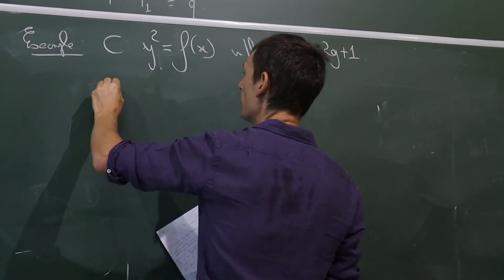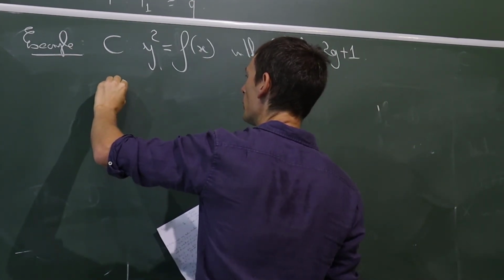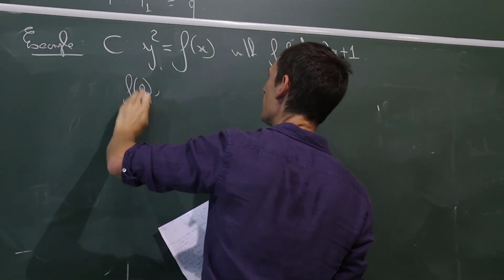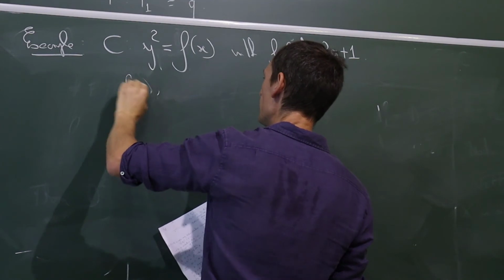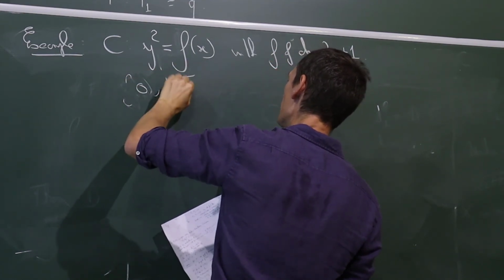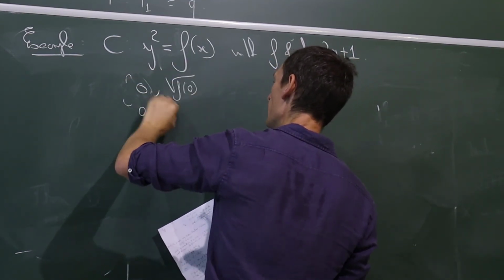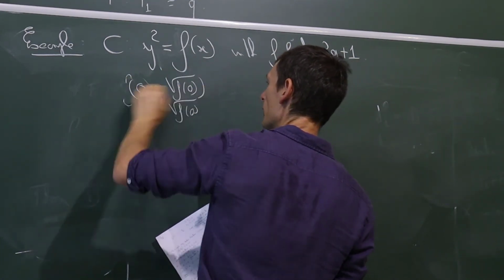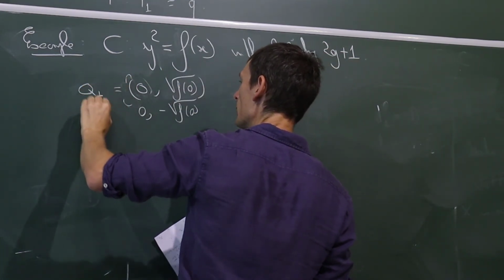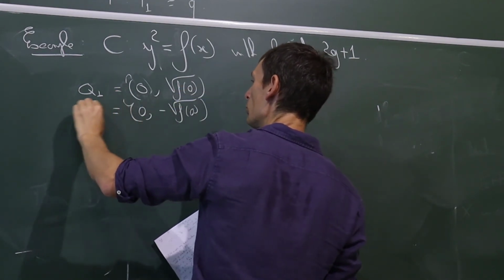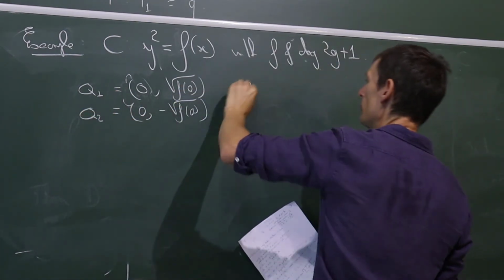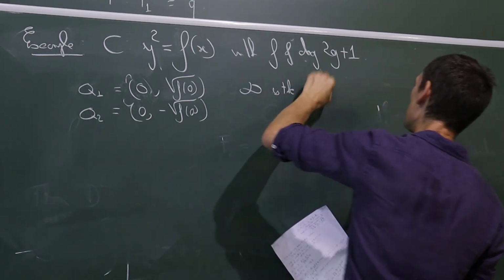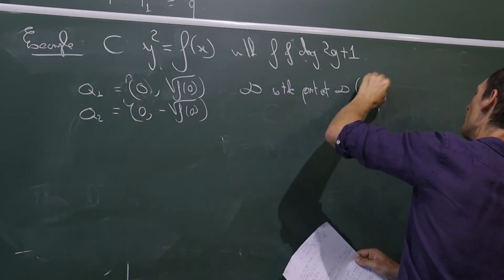So let me plug x equals 0. So f(0), and so square root of f(0) and minus square root of f(0). These are going to be 2 points that I call q1 and q2. And infinity is the point at infinity on the non-singular model.